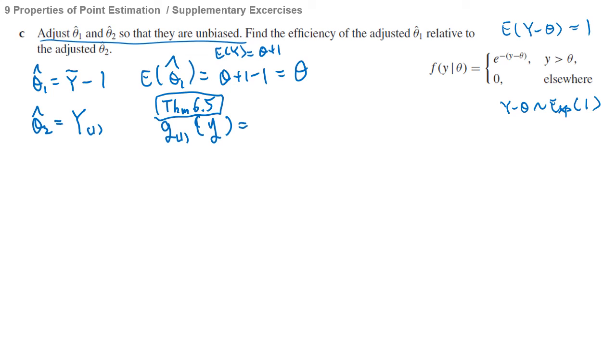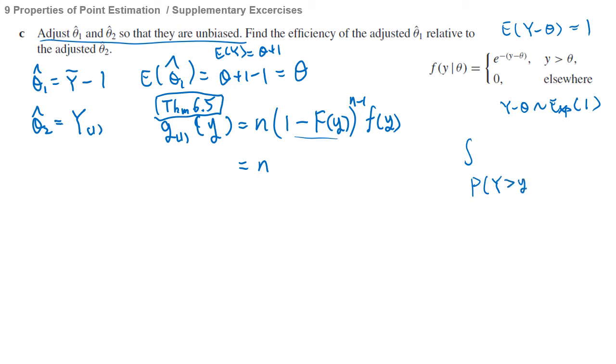This is n times (1 minus F of y) to the n minus 1th, and f of y. And this 1 minus F(y) is actually integrating the probability of Y greater than y.